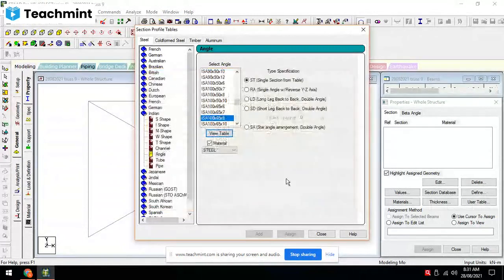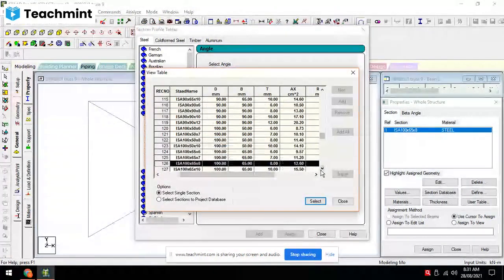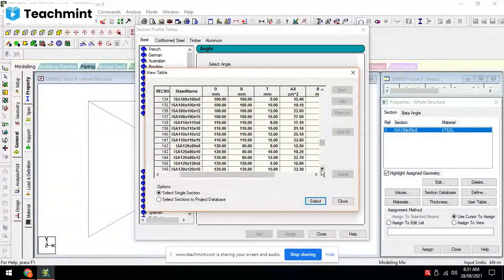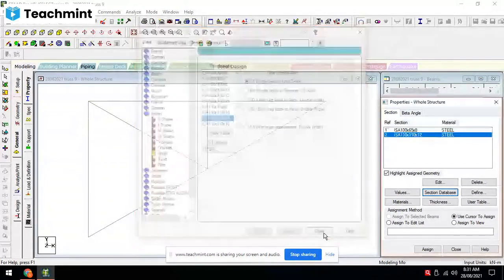So I will click on this, select this number, add. Now next is 2500, that is 25 centimeters square. 25, yes, it is available. 25.10, select this, select, add, close.